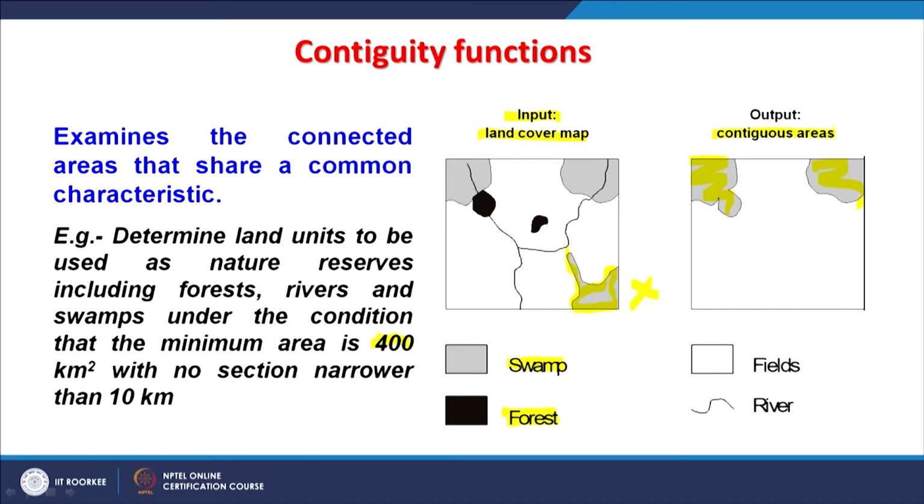So, in this way, if our layers have that kind of information, then we can determine land units to be used as natural reserves in this example. Similarly, municipal corporations are many times looking for suitable sites for waste dumps, solid waste dumps.